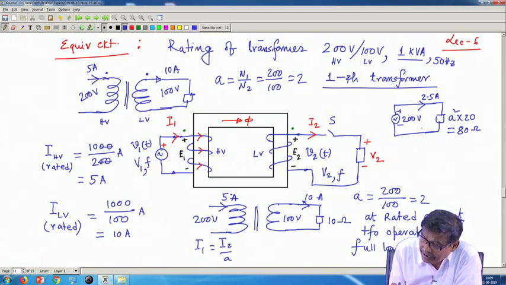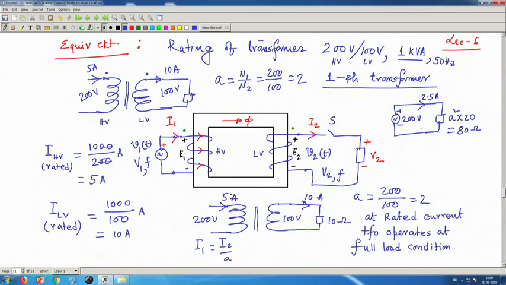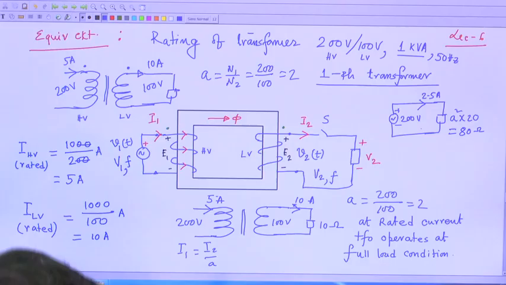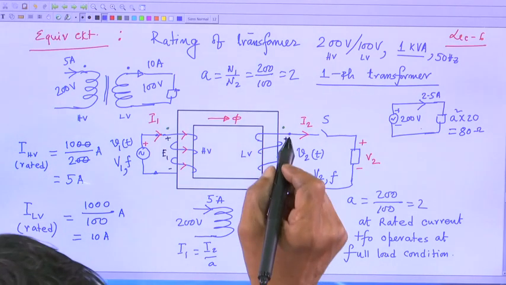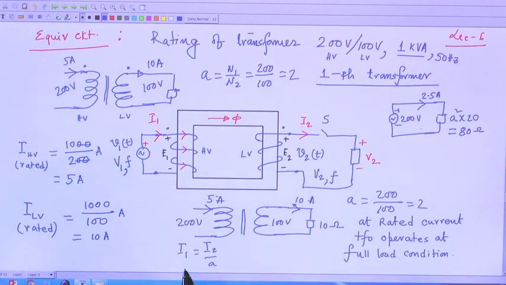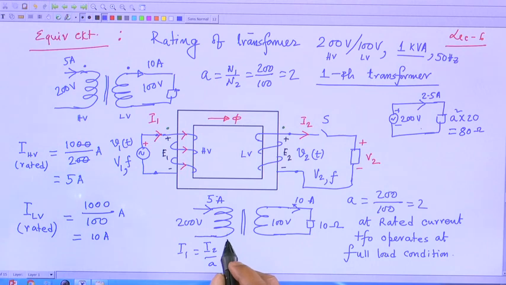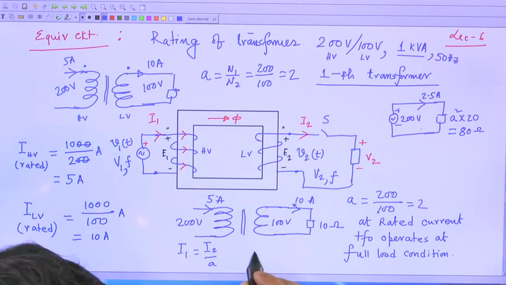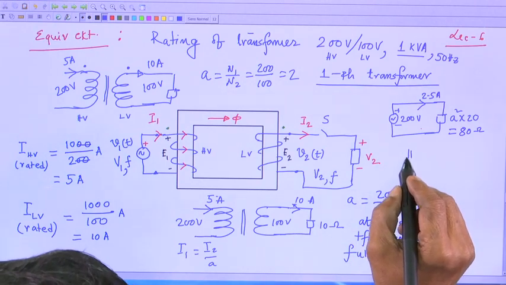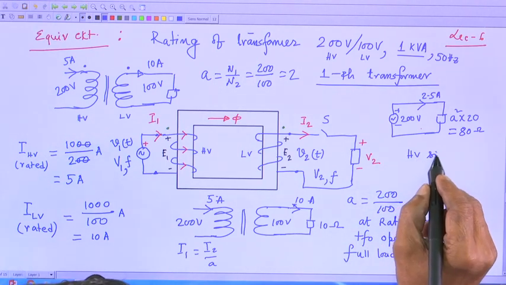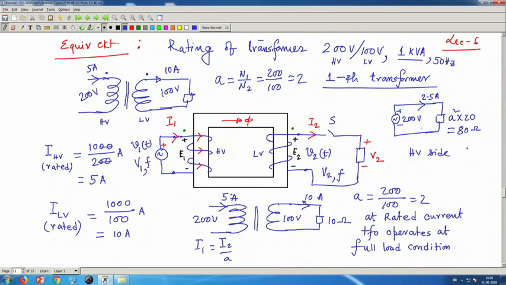But what I want to say, while making this coil, you have to use a piece of wire, na, wind it like this. The cross section of this wire, gauge of the wire, is decided by the magnitude of the current. Therefore, on HV side, conductor cross section will be thicker.